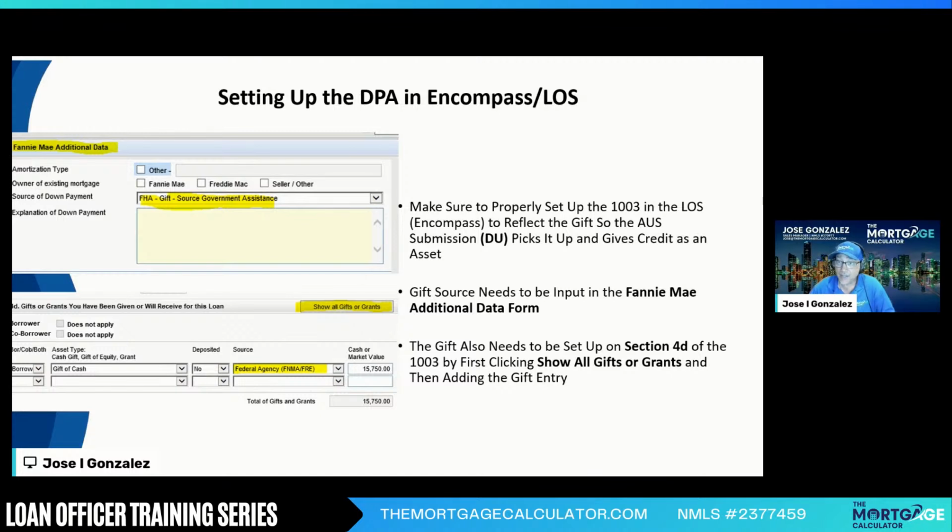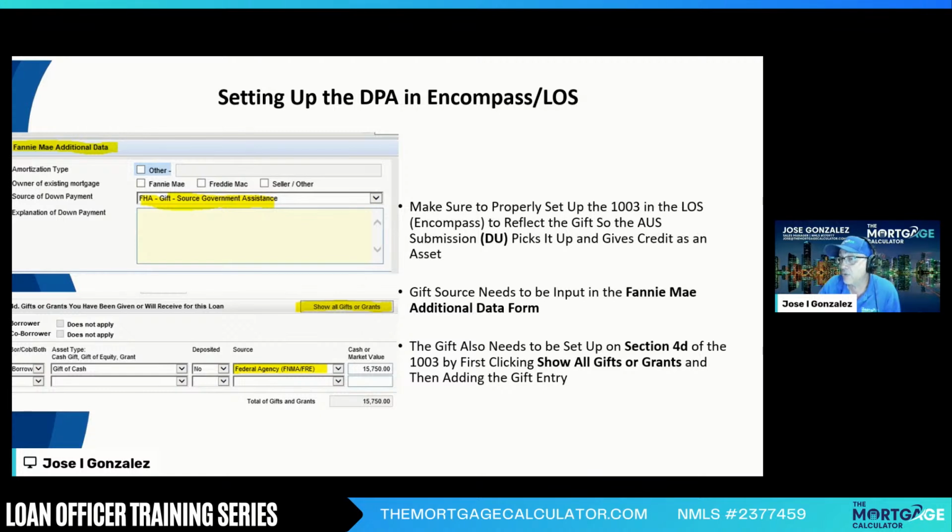And then you'll have to go to section 4D, as in dog, in the 1003, commonly known as page 4, but section 4D, in the gift section. And then you need to set up the gifts. But here it's tricky, because you're not going to find the federal agency option, Fannie, Freddie says right there, unless you first click the tab that I have highlighted in yellow that says show all gifts or grants.